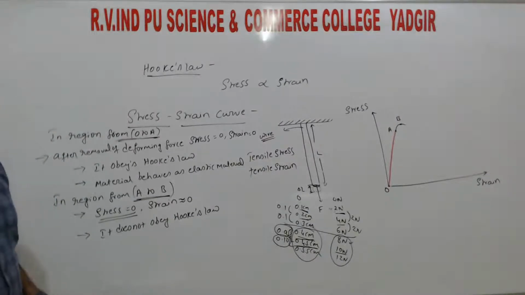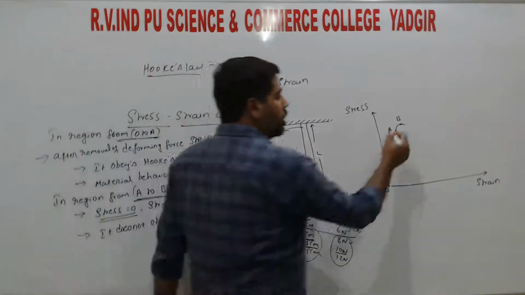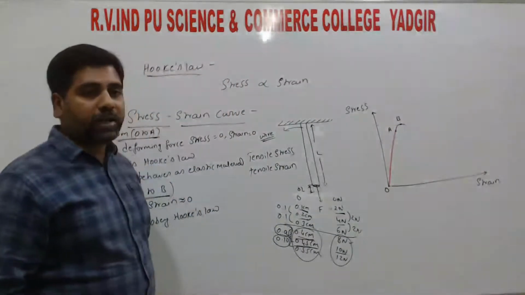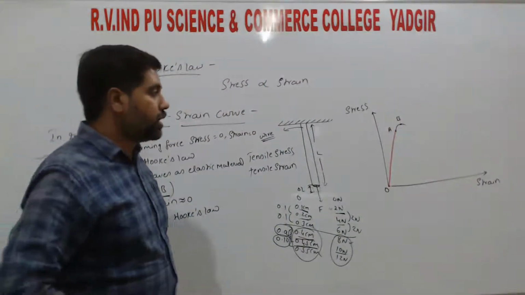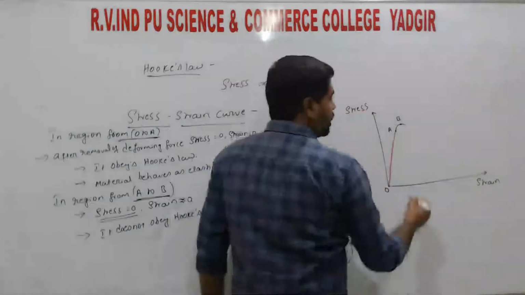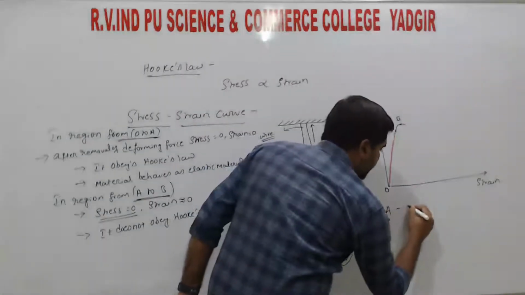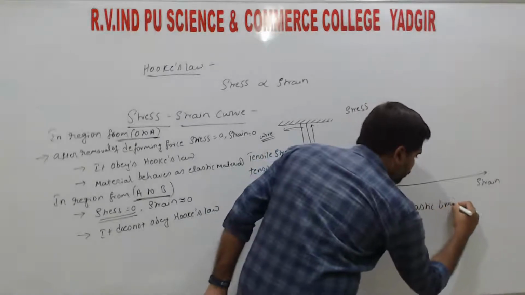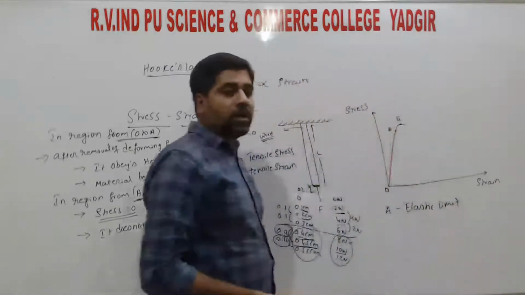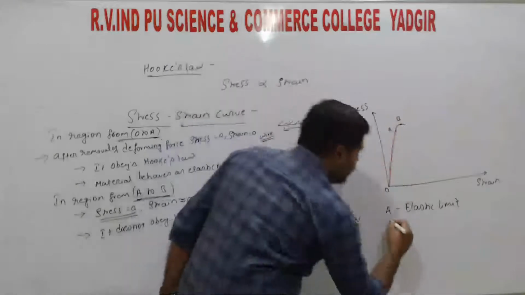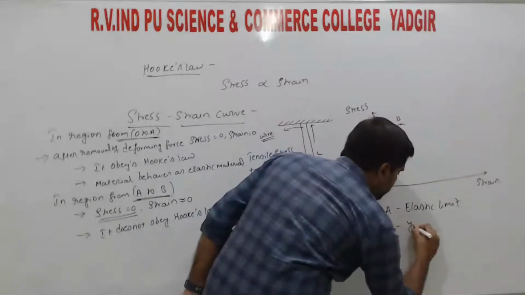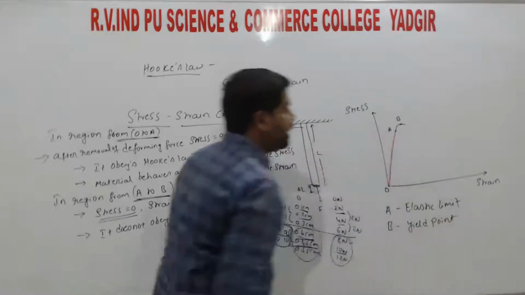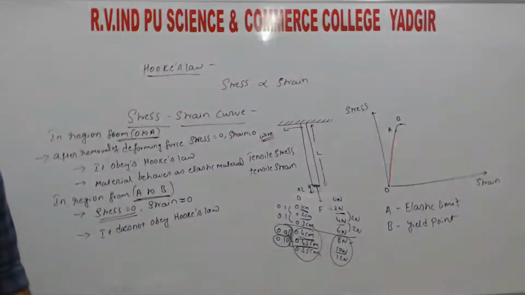So that point B we call the yield point, right? And point A we call the elastic limit. So point A is the elastic limit and point B we call the yield point, right?